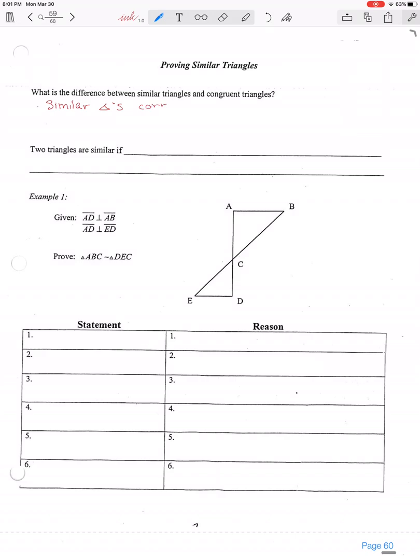corresponding sides are in proportion, whereas in congruent triangles, corresponding sides are congruent.